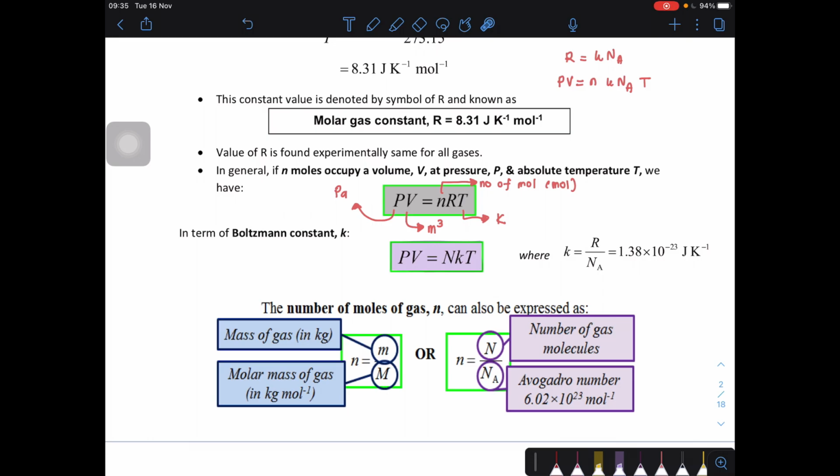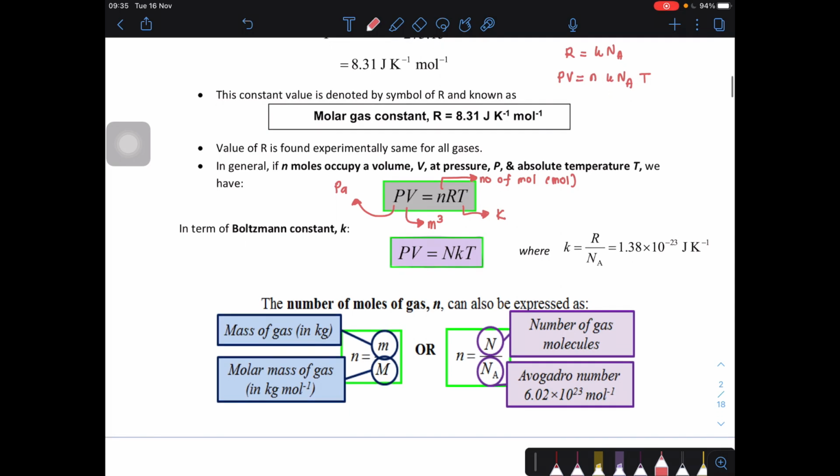Okay, we have two formulas for the number of moles. First, number of moles is equal to mass divided by molar mass. Second, number of moles is equal to the number of molecules divided by the Avogadro number. So here we have NA, right? n times NA is equal to the number of gas molecules.